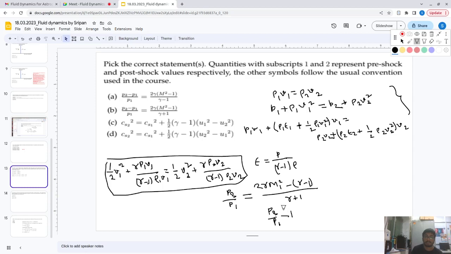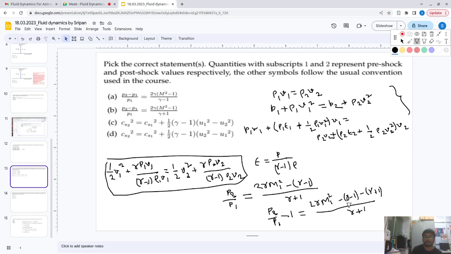This is basically p2 minus p1 by p1, which is these things. So if you do this, 2 gamma m1 square minus gamma minus 1 and then minus gamma plus 1, and in between gamma plus 1, right?